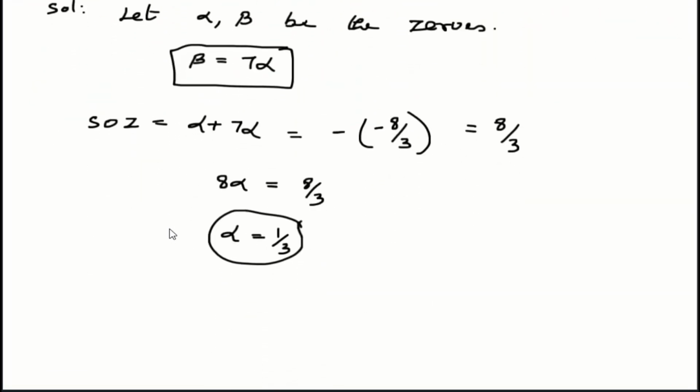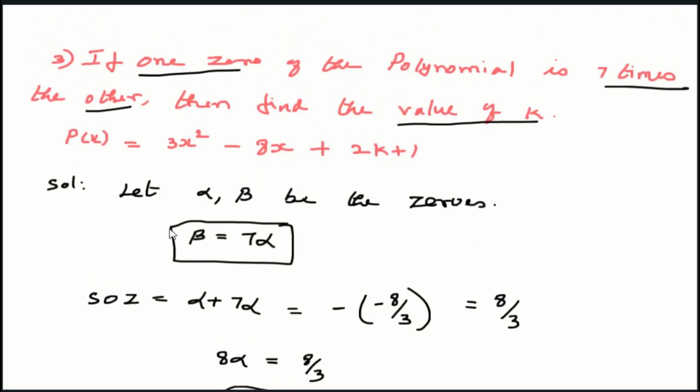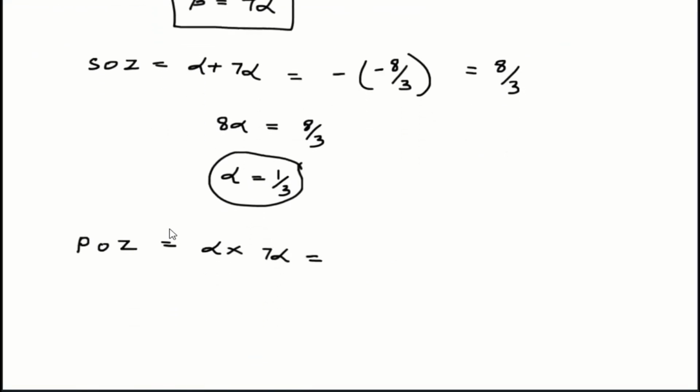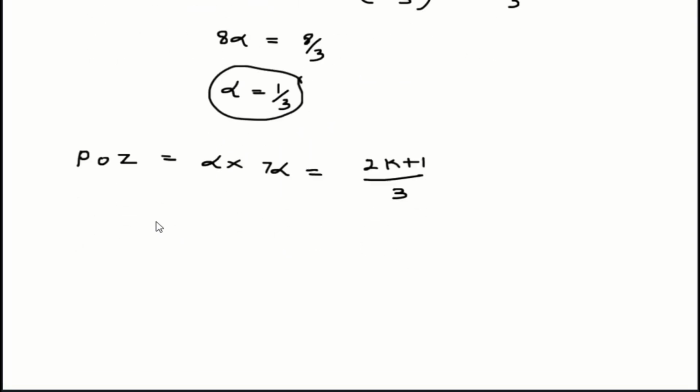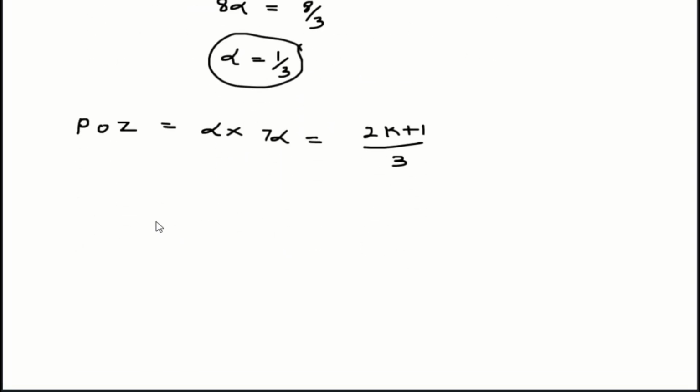I have found what is alpha. Now we'll move on to product of zeros. Product of zeros is alpha into 7 alpha, which is c by a. What is c? C is the constant term, so it is 2k plus 1, and a is 3. Alpha into 7 alpha is 7 alpha squared is 2k plus 1 by 3. But I know what is alpha, right?